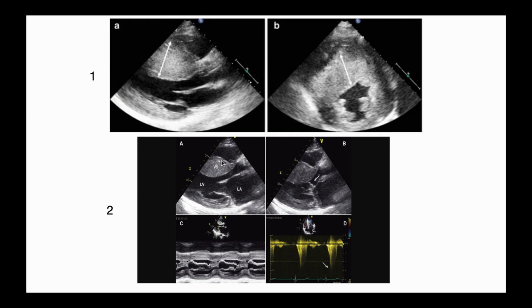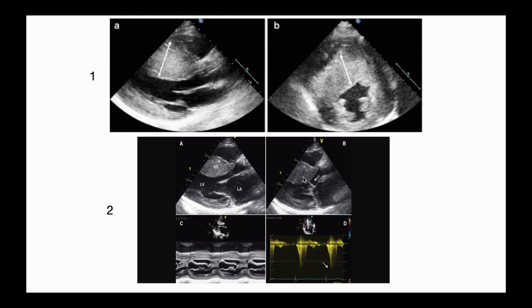Slide A was taken during diastole, and it shows a marked increase in ventricular septal thickness. Then B was taken during systole, and it shows systolic anterior motion of the mitral valve that causes obstruction of the left ventricular outflow, as you can see the arrow pointing here.